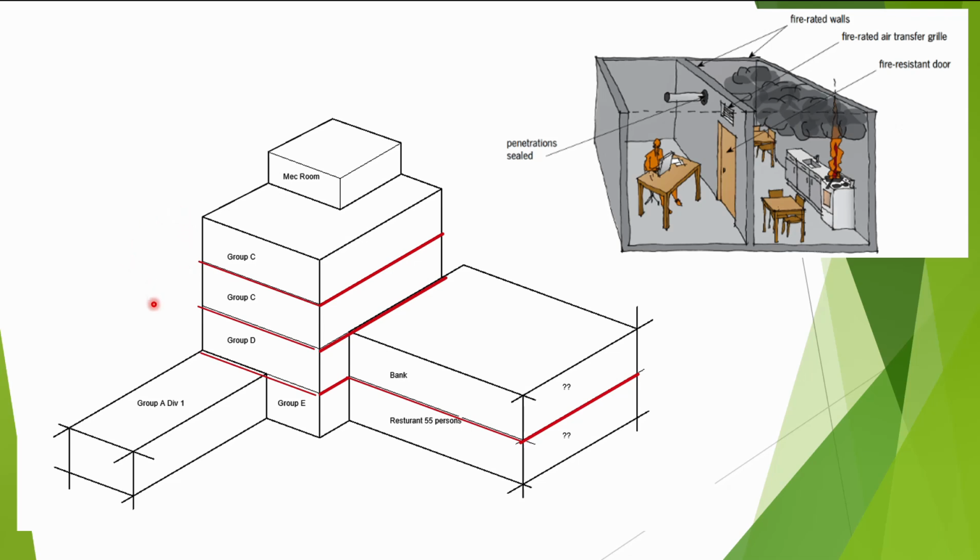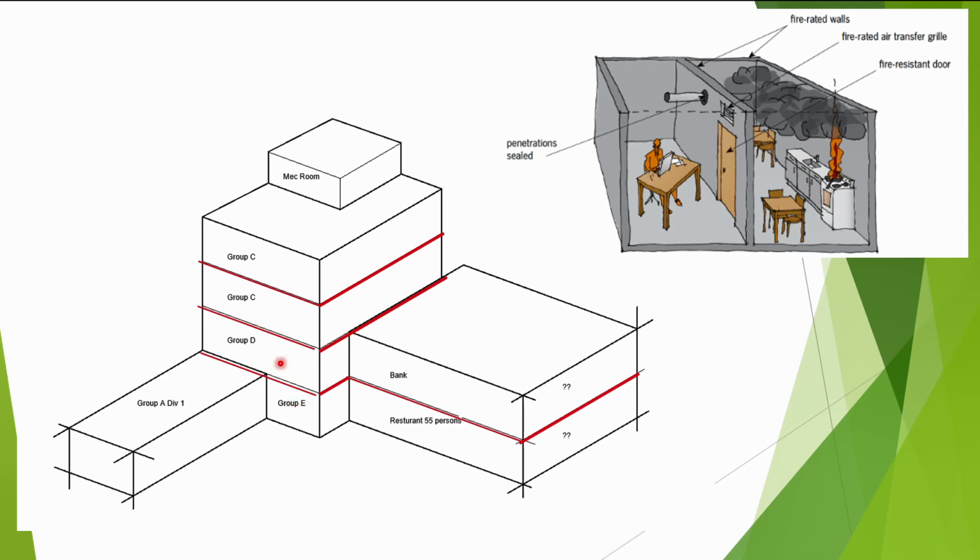In this building, you will see red lines. Red lines mean fire separations are required. There are a few places that are missing, but for this module, just focus on where the red lines are. So a group D and a group C occupancy requires a fire separation rating.